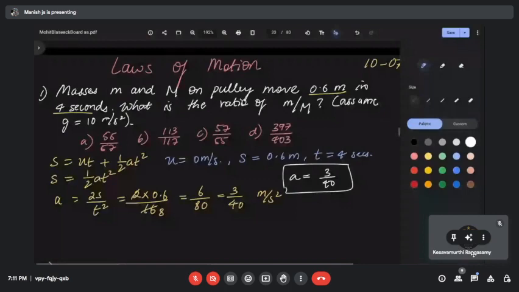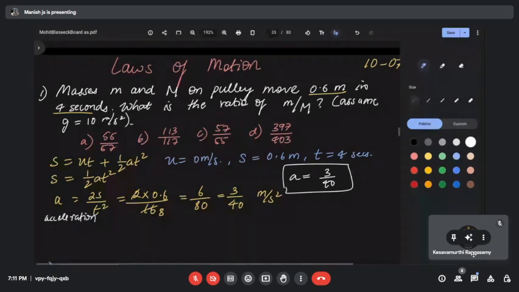Since the question says it is a pulley, the acceleration equation for the pulley needs to be used. I'm writing the formula here.